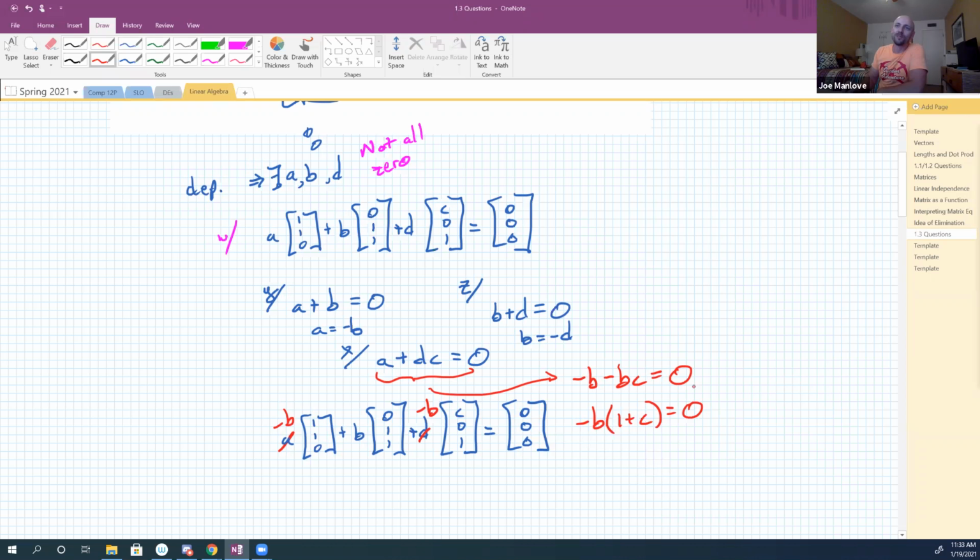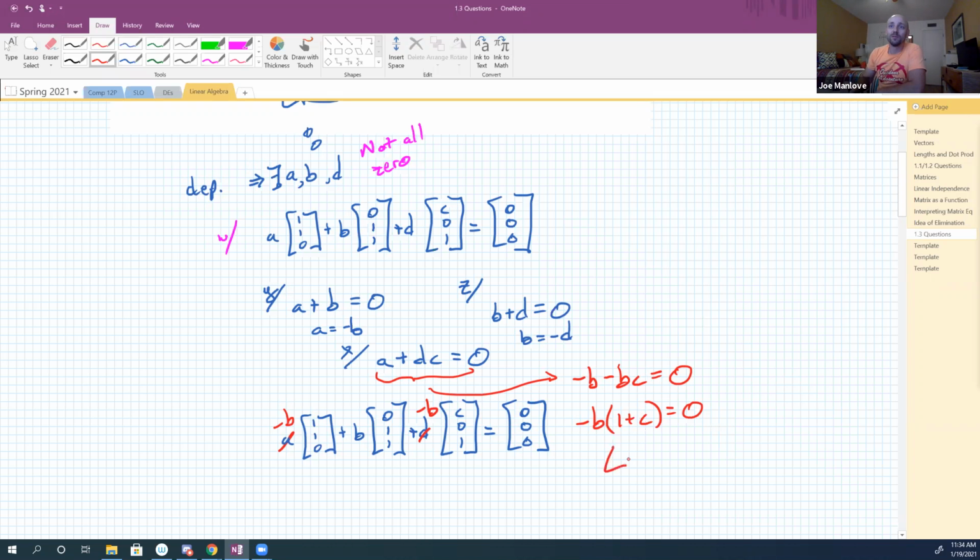All right, so what do I get out of this? What does that mean? If I have two things multiplied together equals 0, what can you tell me? Yeah, one of the two things is 0, right?